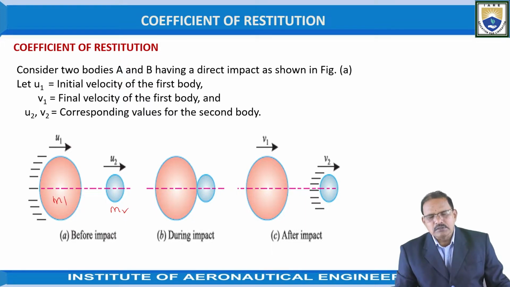During the impact, the two bodies are compressed, and after the maximum extent of compression, they regain their original shape and separate. They move in the same line of direction with velocities V1 and V2 as shown in the figure.